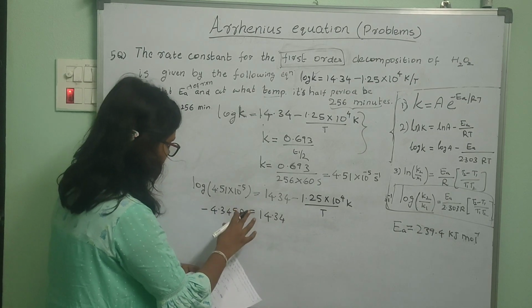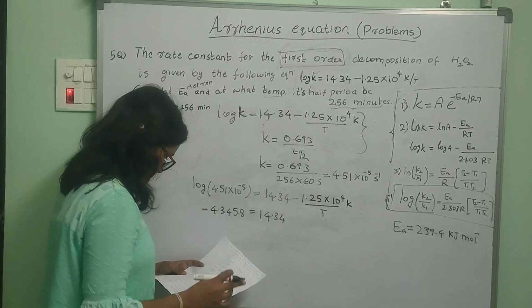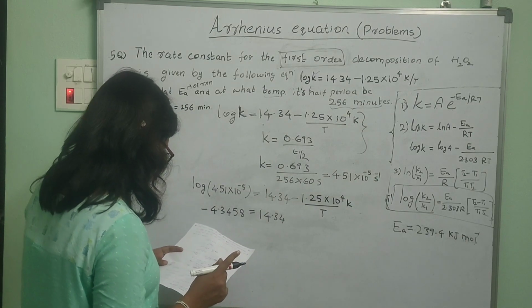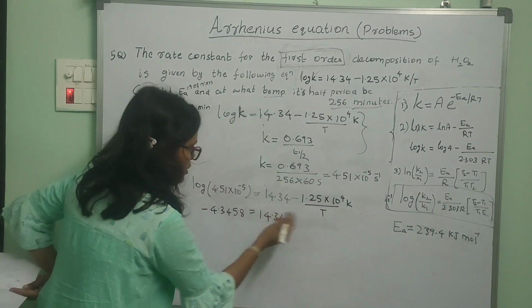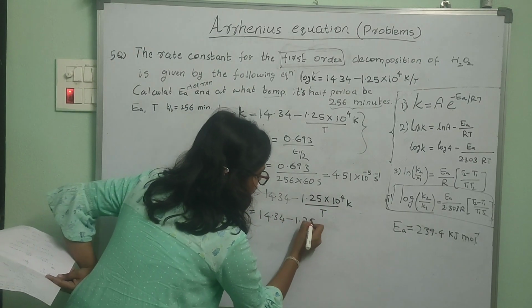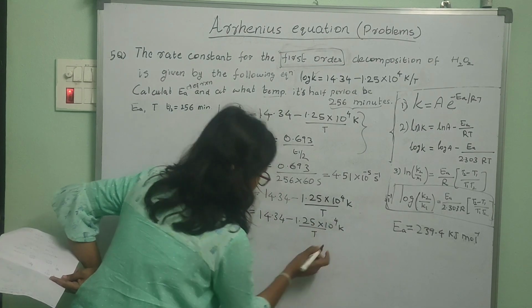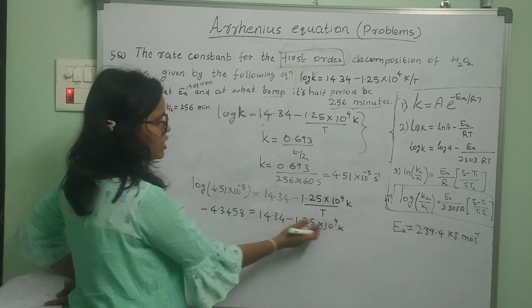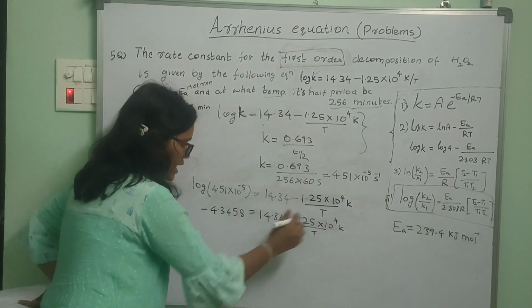So I'll do one thing. We need to find temperature, right? So I'll bring this to this side. 1.25 into 10 power 4 K by T. So we need to find temperature. So I'll bring this side and I'll take this number on the right hand side.